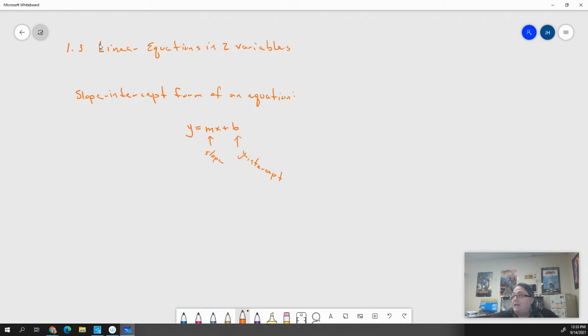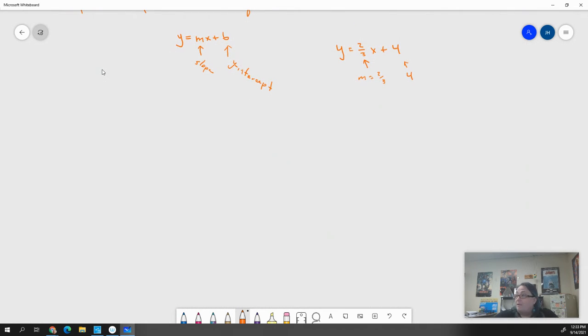If you think about that, if I have y equals 2/3 x plus 4, and I wanted to graph this equation, what I know is that my slope is m equals 2/3 and that my y-intercept is at 4.